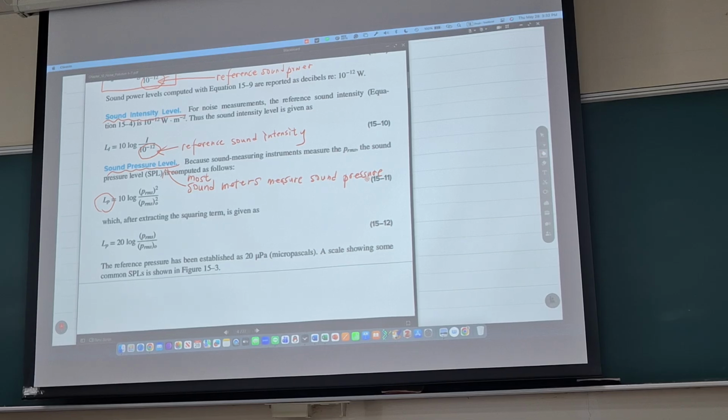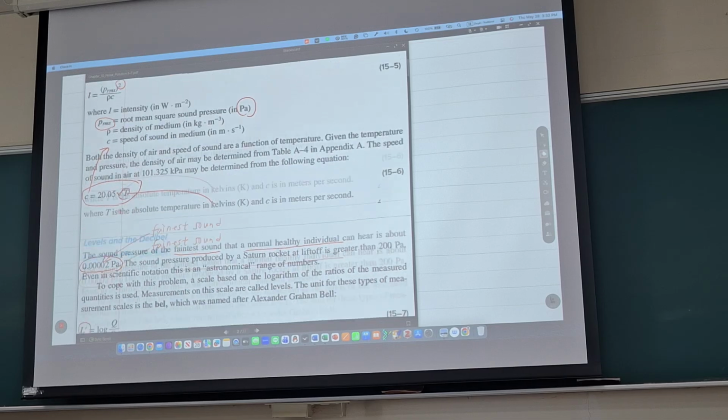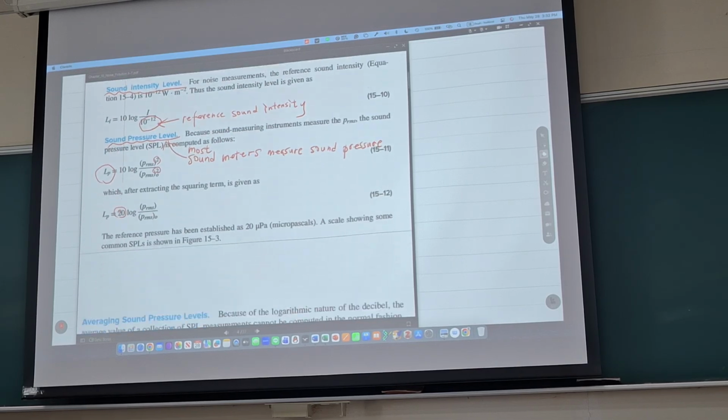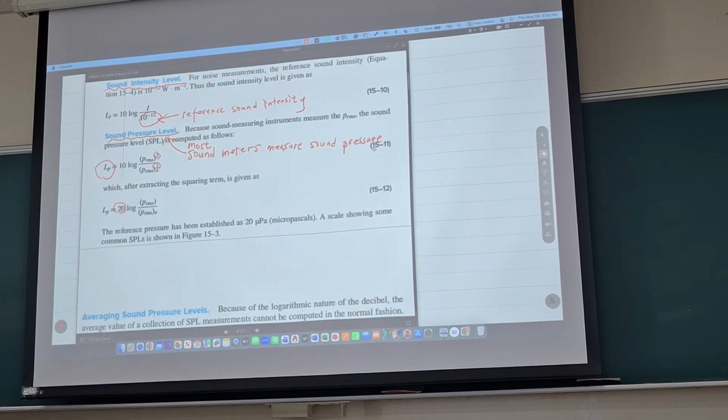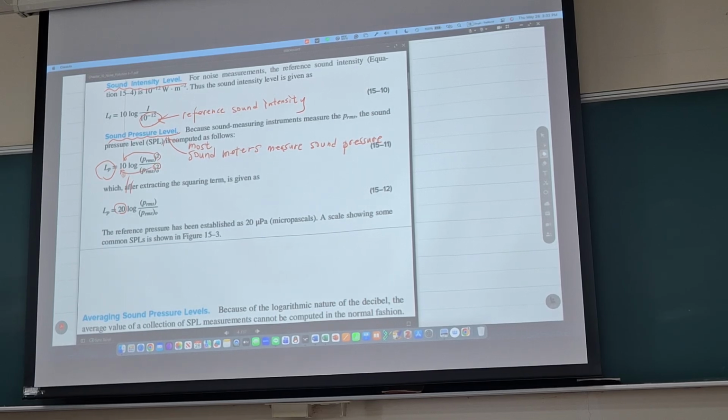So it's 10 log with the square here. If you move the square to the front, it becomes 20. They are the same. Sorry about that, students. Actually, 15-11 and 15-12 are the same. It just moves this 2 to here and becomes 20.